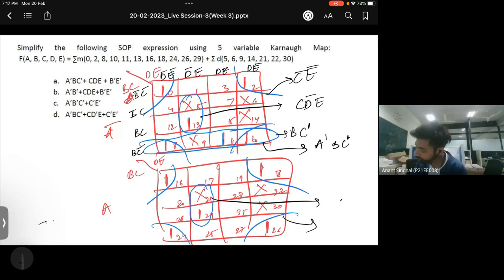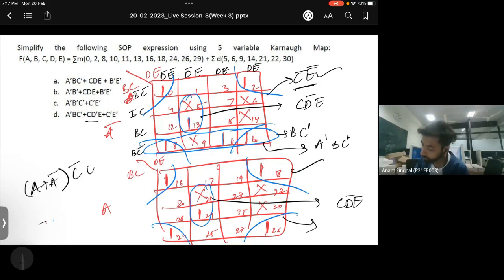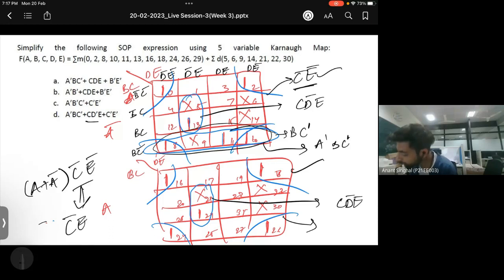This will be nothing but C D bar E. One was C bar E bar, and what else was there? C bar E bar is coming in both the cases, so it will be A plus A bar into C bar E bar. So the final term to this will be C bar E bar, and again A bar B bar C bar. Yeah, here it is. So the correct answer to this question is option D.